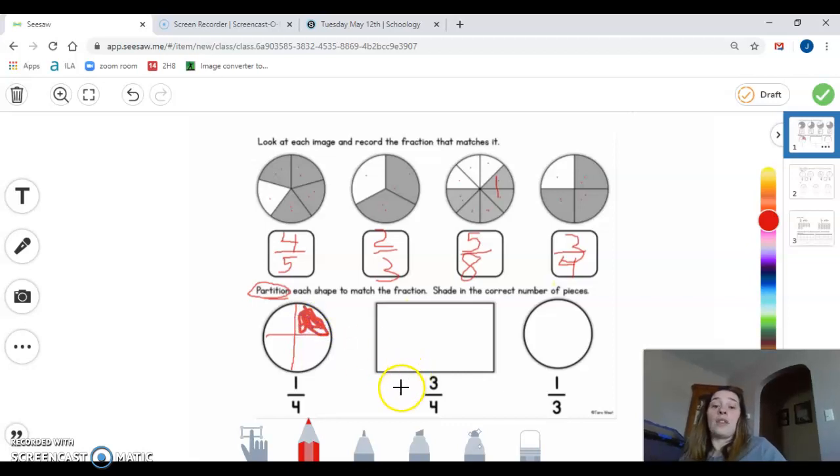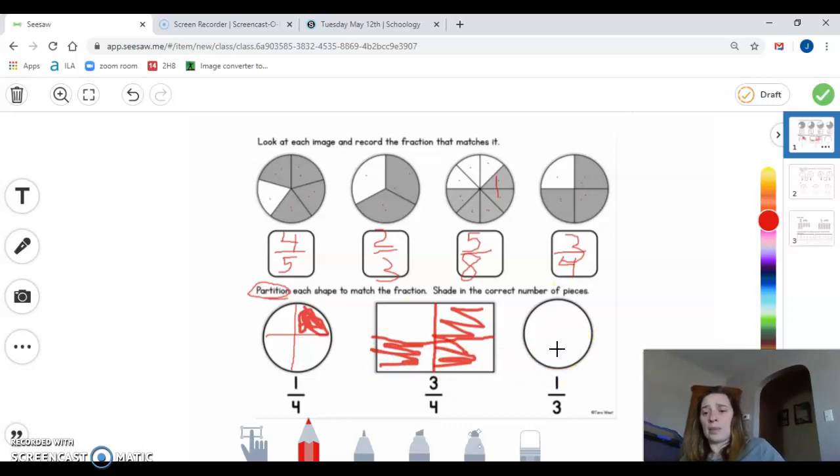Okay, now this one needs to be partitioned into fourths. So I'm going to do it just like I did the other one. And then I need to shade in 3. 1, 2, 3. Oh, this one's hard.